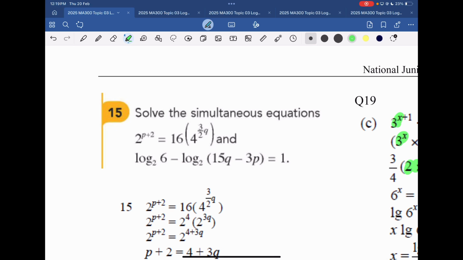Chapter 2, if a to the power x equals a to the power y, x equals y. Chapter 3, log a x equals log a y, so x equals y. This is the idea of equivalence, in chapter 1, chapter 2, chapter 3.